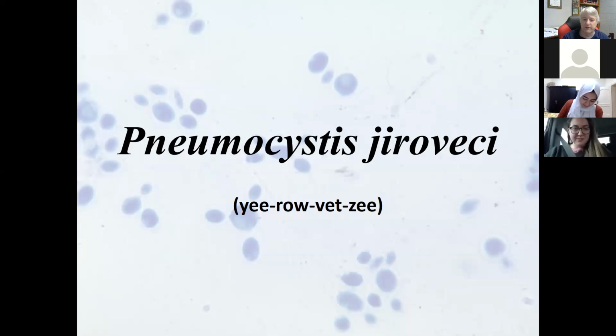So we have jiro, kind of like when you go eat gyros, but it's spelled different here with a J. Jirovecii. If you're having trouble spelling, you might still want to see it as I would say, for spelling purposes only, but it is actually pronounced Jirovecii.